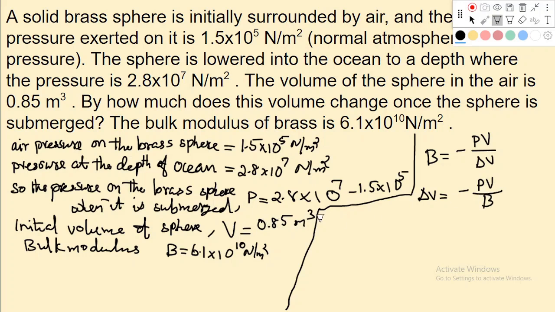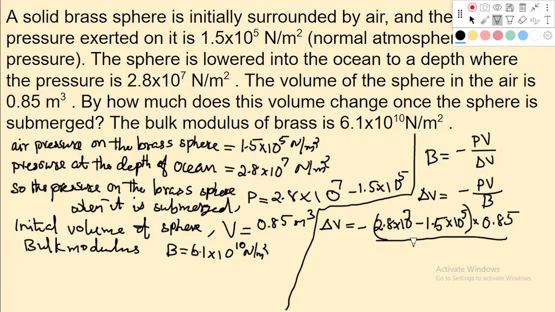So let us substitute: delta V is equal to negative. What is the value of P? P is equal to 2.8 into 10 raised to 7 minus 1.5 into 10 raised to 5. So that is the pressure into the initial volume, that is 0.85, all divided by the value of the bulk modulus, 6.1 into 10 raised to 10.